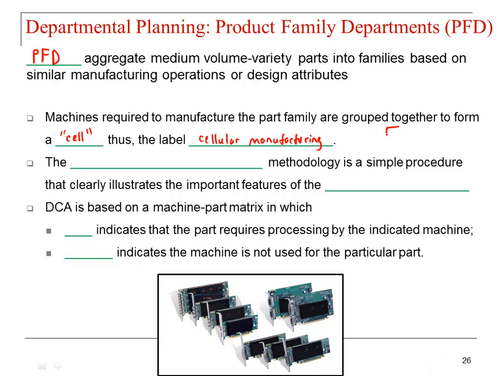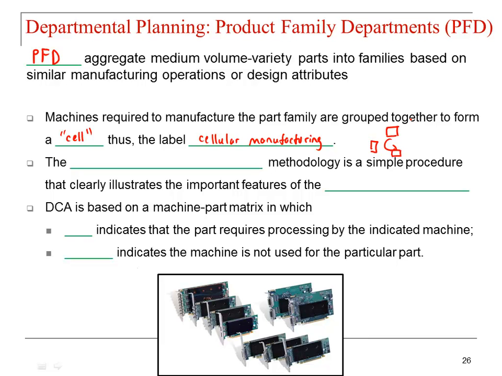And if you don't remember, this type of layout that we show, the flow will go like this. So you're going to move around the cell. We can decide, there are several methodologies to be able to decide how many cells you need within a department.